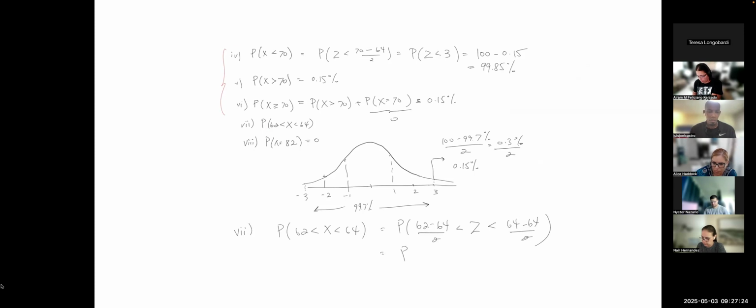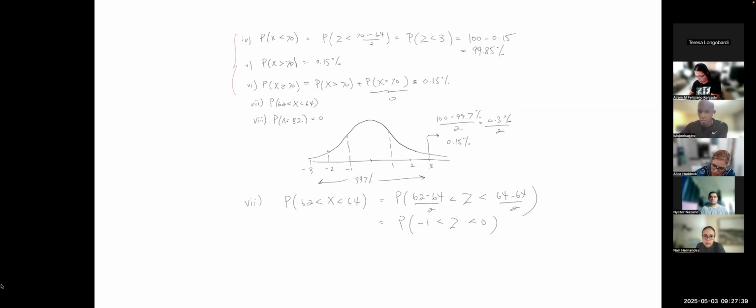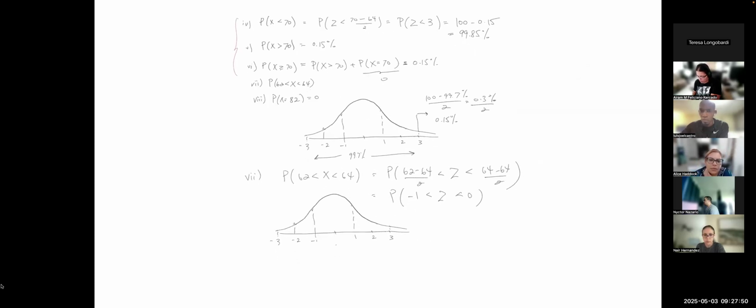I get -1 and 0. Is that right? Now we draw a picture. I'm just going to copy the one I did here. What's the answer? I'll give you a minute.